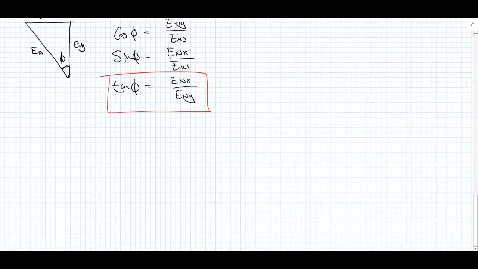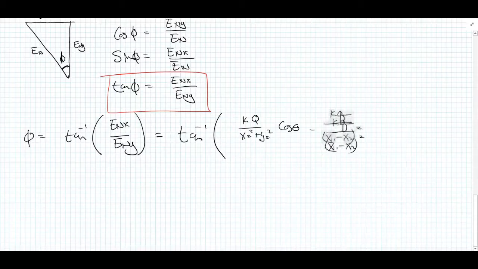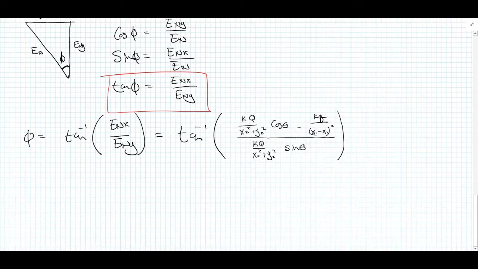Tangent of that angle is equal to the ratio of the x component over the y component, which means that angle is equal to the inverse tangent of that ratio. I've got the x and y components, so this is the inverse tangent of that ratio.